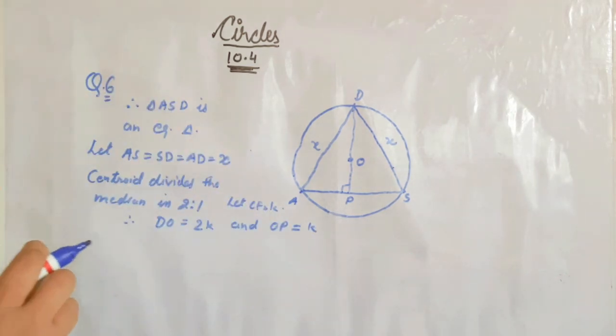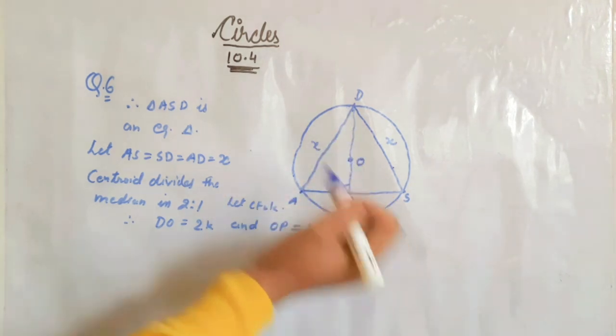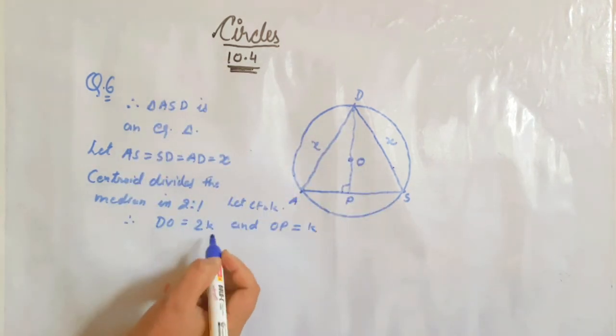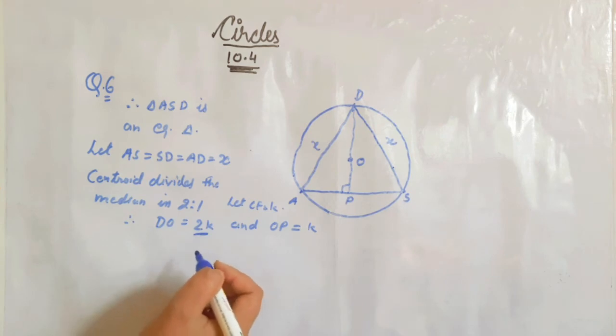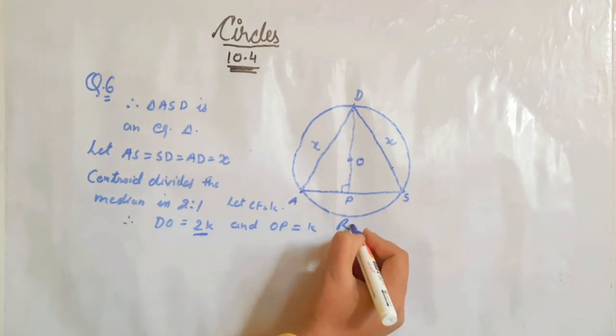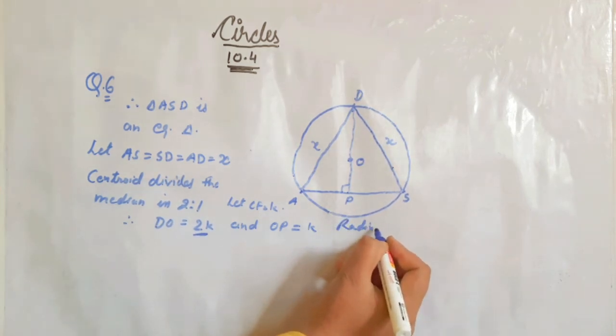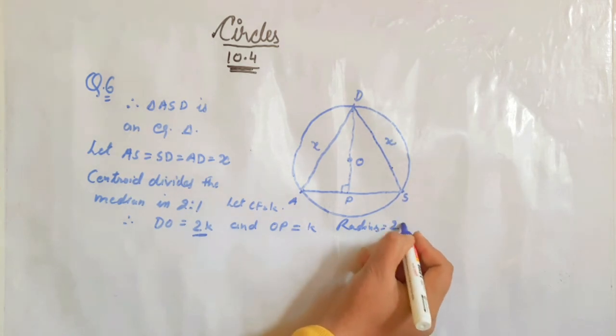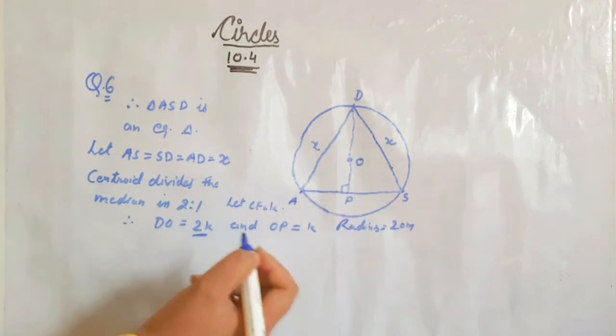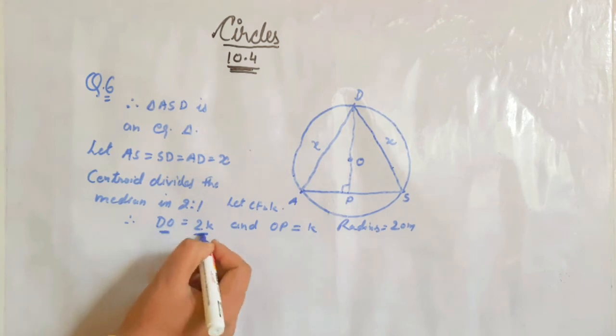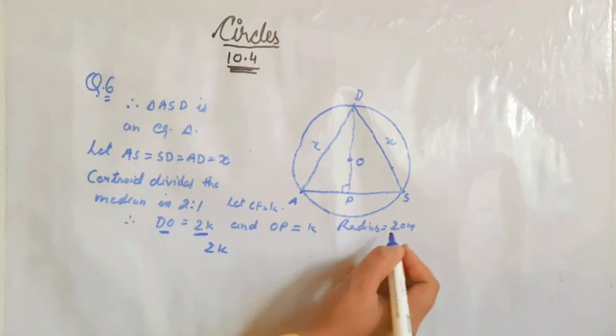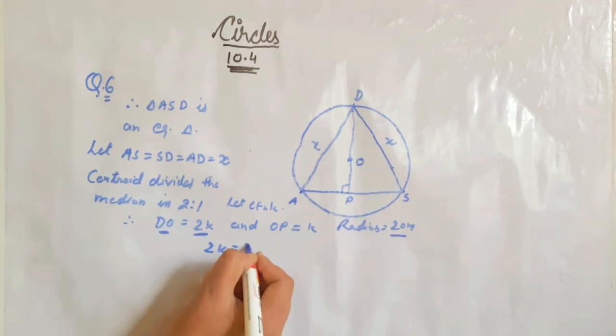Now first of all, we have to find this DP. We know that this DO is the radius of the circle, and the radius is given as 20 meters. So if DO is the radius, then 2K equals 20.